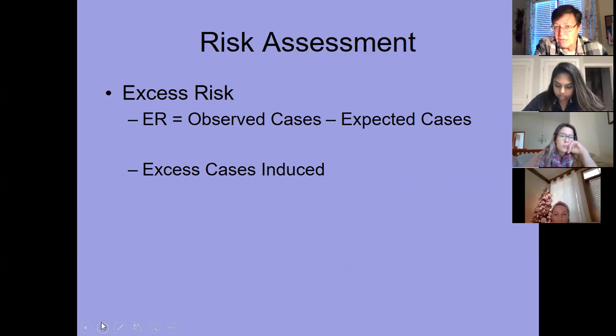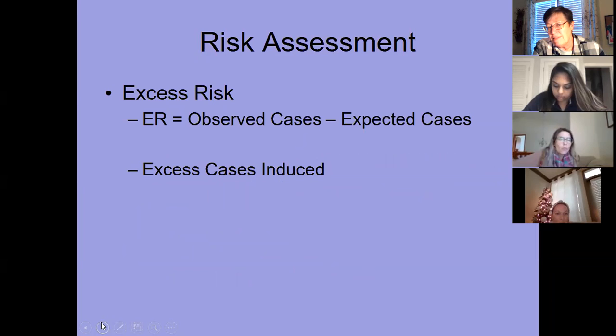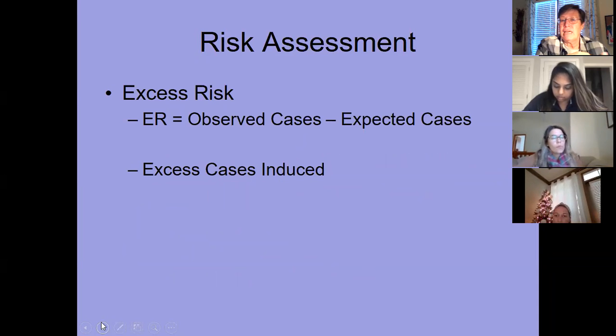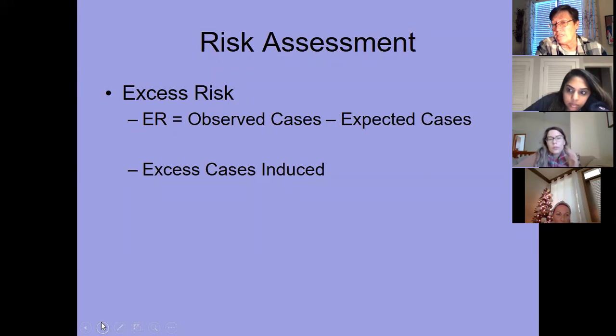Another way that we can look at risk is in terms of excess risk. And that is simply by subtracting the number of cases that we expected from the number that we actually had. And that would give you the difference. So say if you expected 10 cases of cancer, but you had 12 cases in the population, the excess risk is 2 cases.